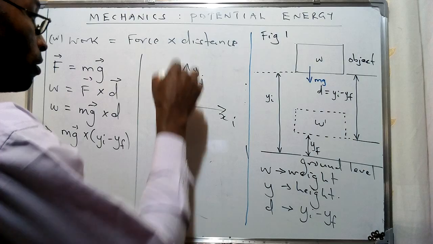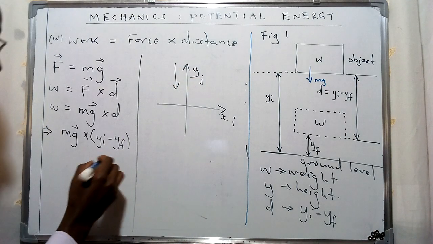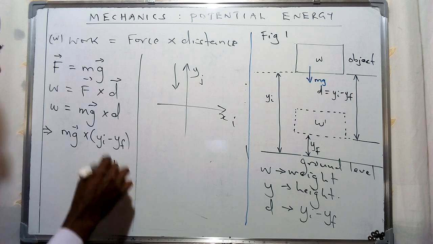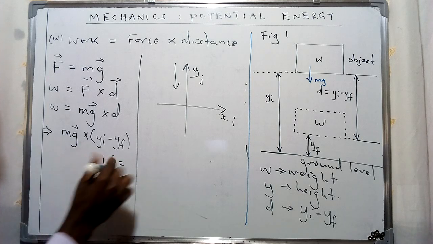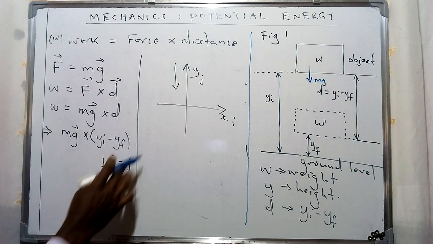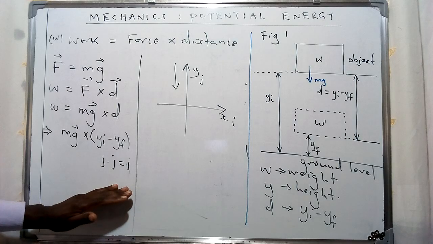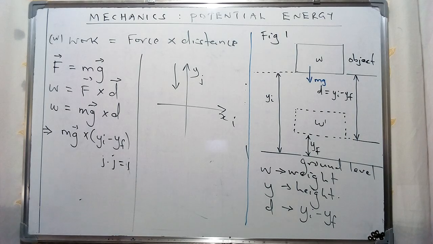So we are going to consider the fall in the y direction, which is going to be j. If we analyze this equation, we're going to see that the dot product of j and j, which is the direction of motion and the direction of force of this object, is going to be 1, which is unity.